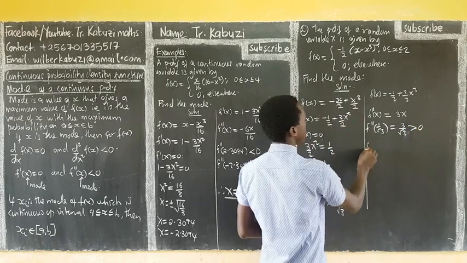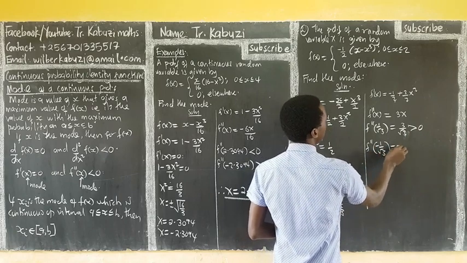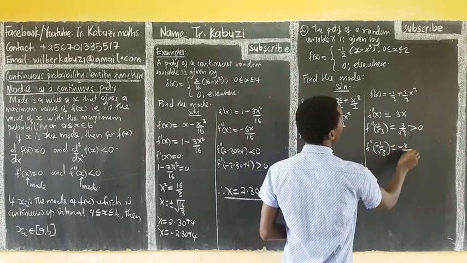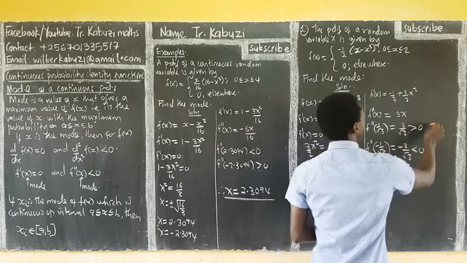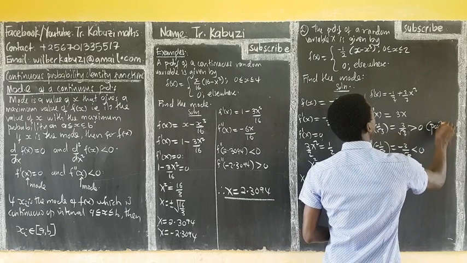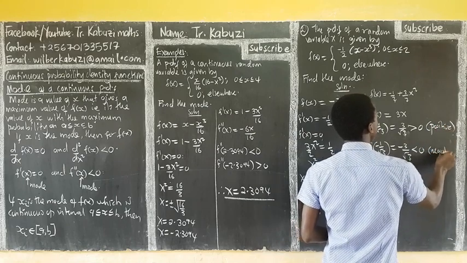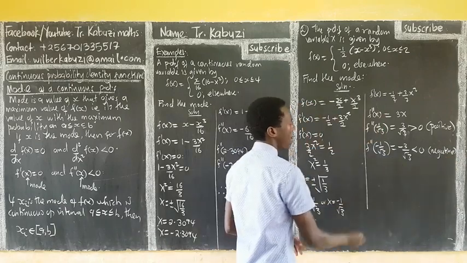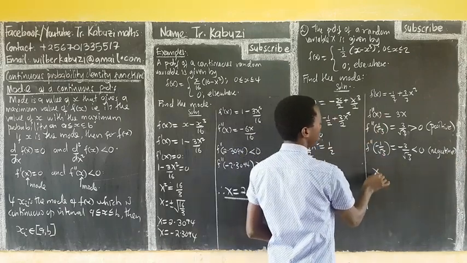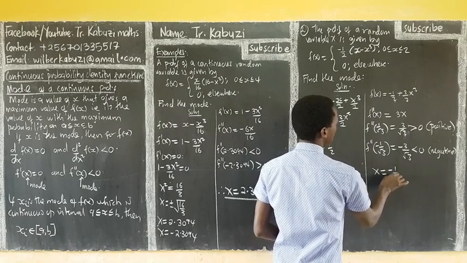When I put in negative 1 over root 3, it will give me negative 3 over root 3, which is negative. And so the value of x, our mode, would be negative 1 over root 3.